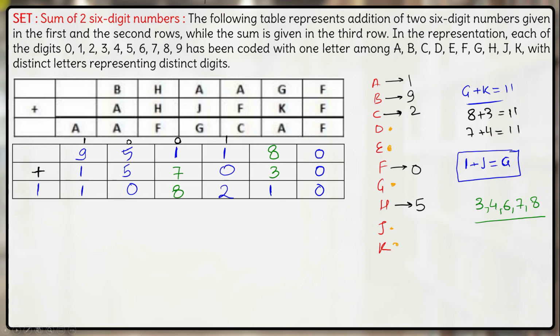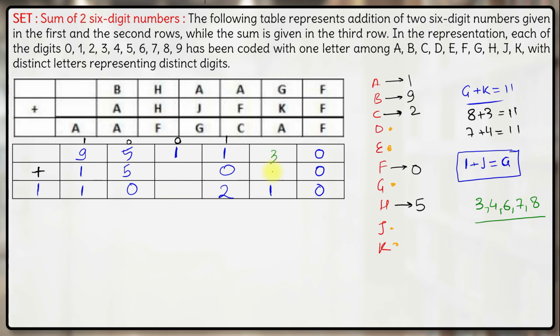Now can G be equal to 3? If G is equal to 3, J will be equal to, sorry, 3 minus 1. J will be equal to 2. Now 2 is not possible. I'll repeat that again.